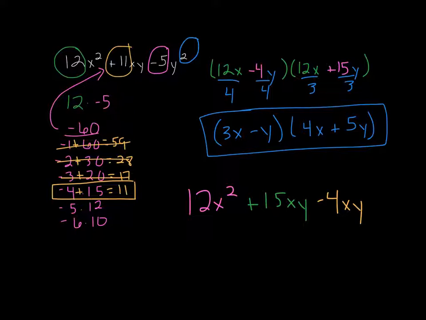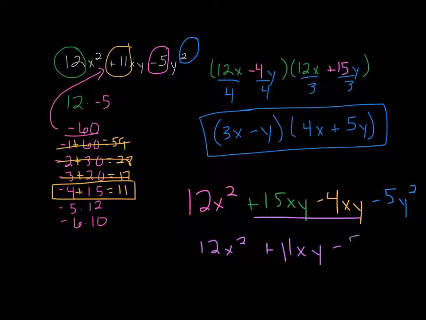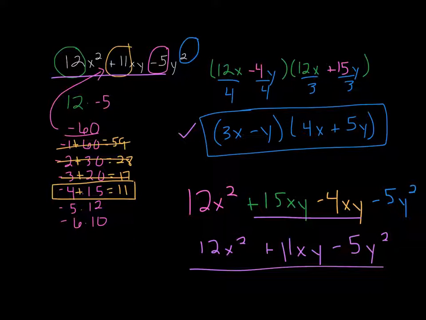And our last minus 5y squared. Combine the middle. 12x squared plus 11xy minus 5y squared, which is what we were looking for. So this is correct.